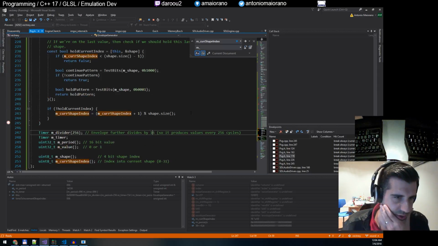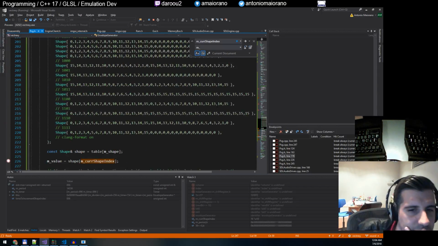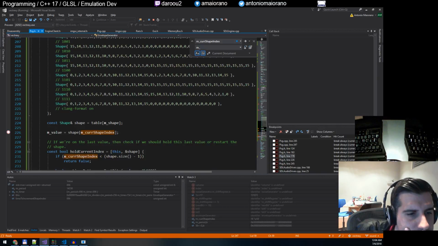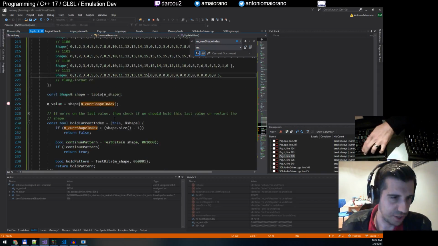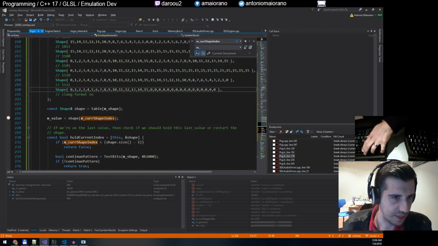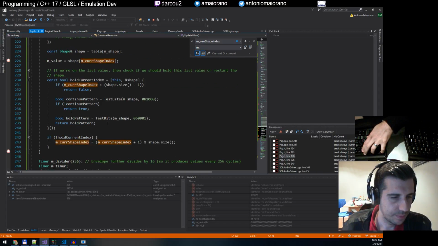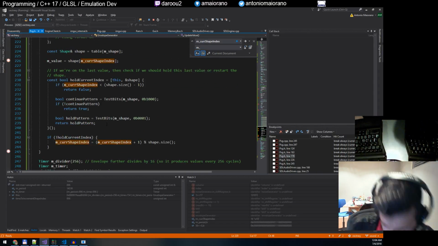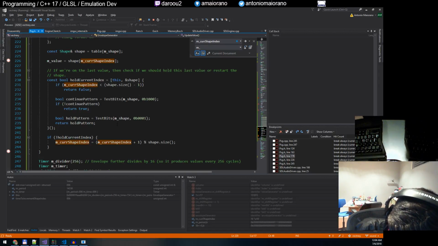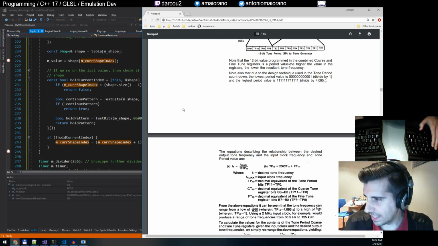So I'm wondering, is there something I'm not thinking about here? We have 32 values. In one period, we should have reached. So one thing we could check is, does it make sense hardware wise, right?